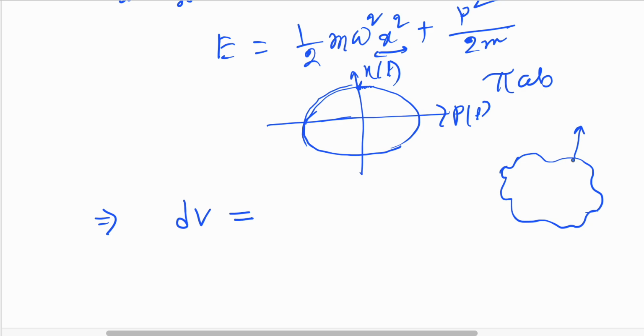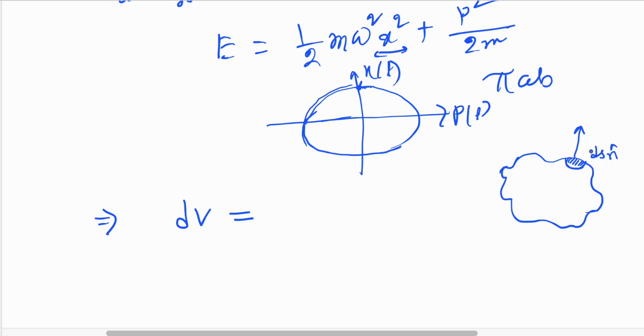Suppose the area of this small element is ds and the unit normal vector is n cap.